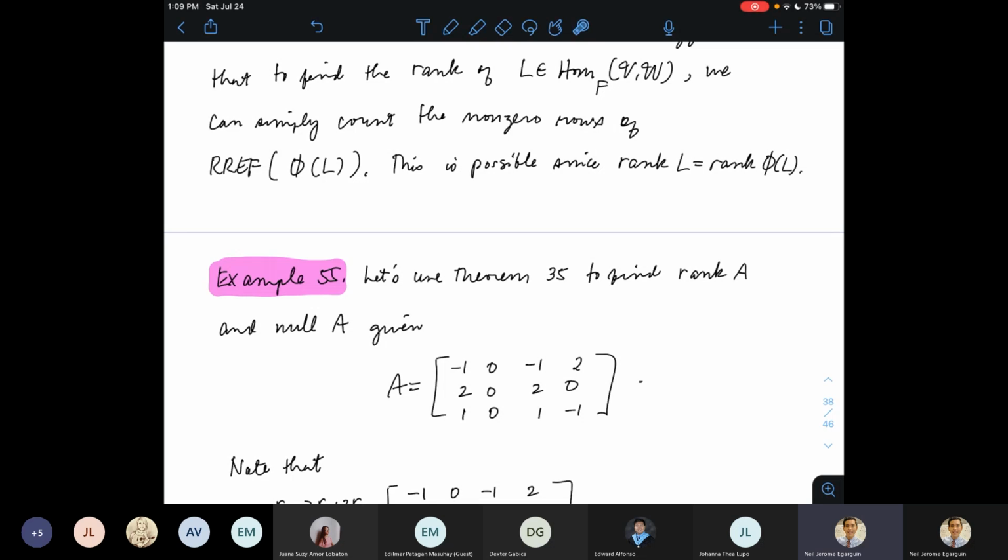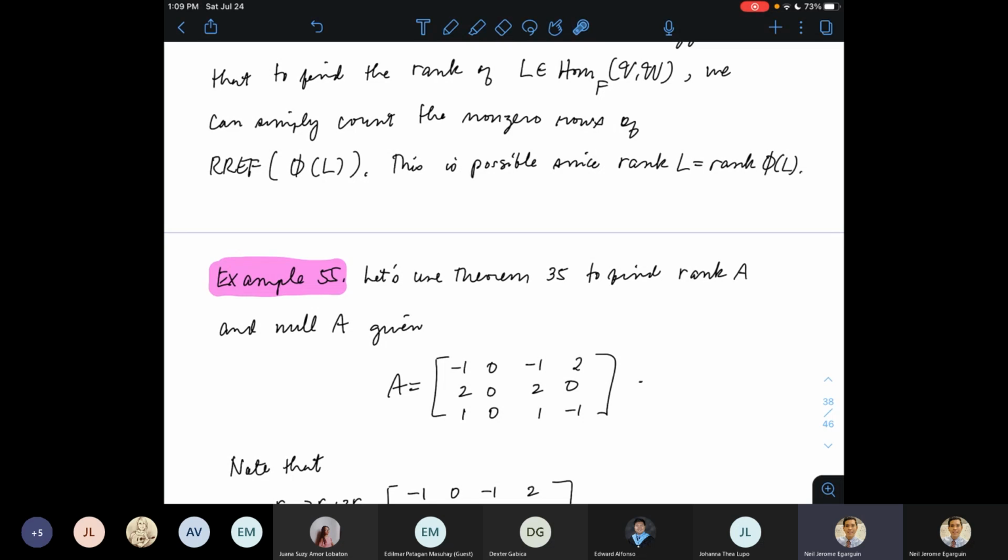So at definition ng RCEF ay RREF din, papalitan nyo lang lahat ng rows by the columns. And then the number of linearly independent columns in the RCEF of a matrix will also be equal to the rank of the matrix. Though mas sanay tayo sa RREF. Kasi anyway, parehas lang naman yung makukompute natin coming from RREF or RCEF.